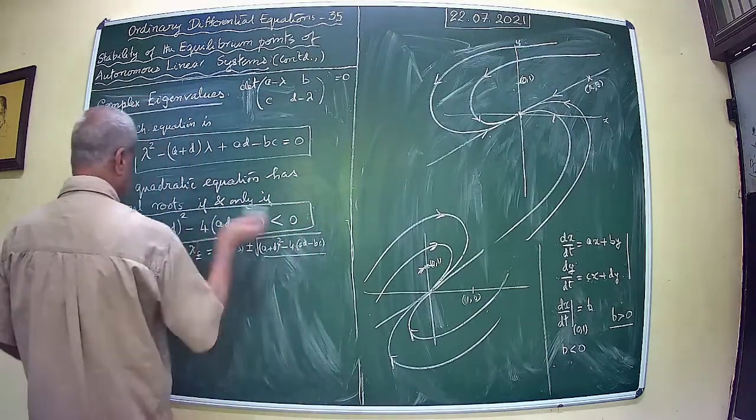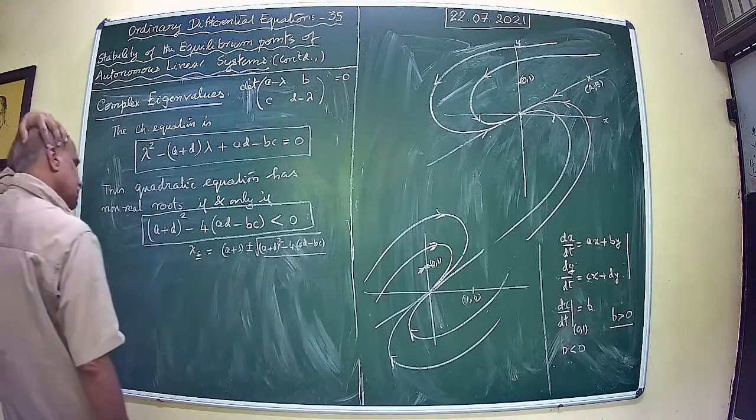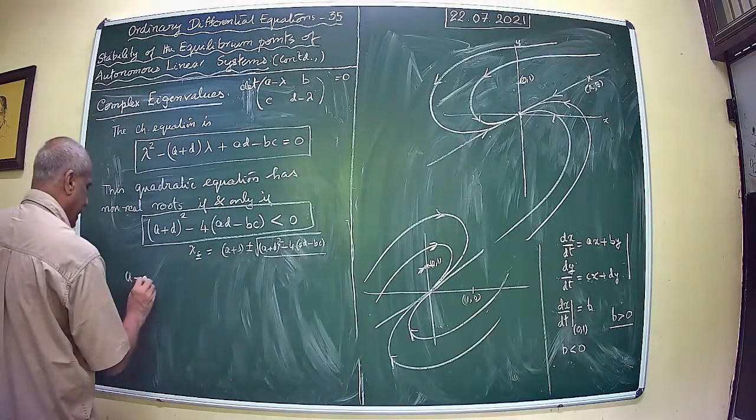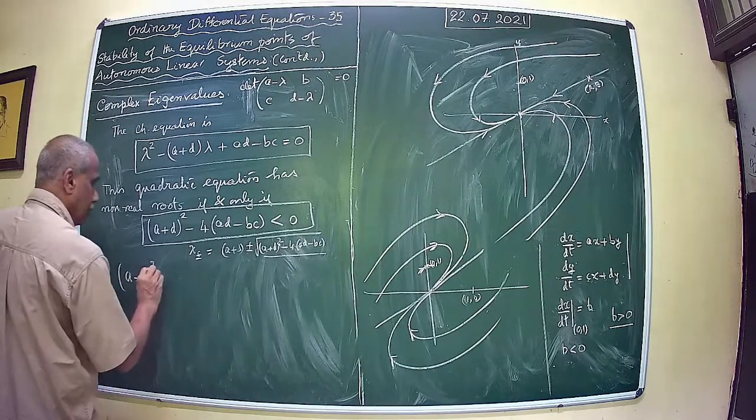What does this mean? Let us simplify this. I can rewrite this in the form (a minus d) whole square plus 4bc.